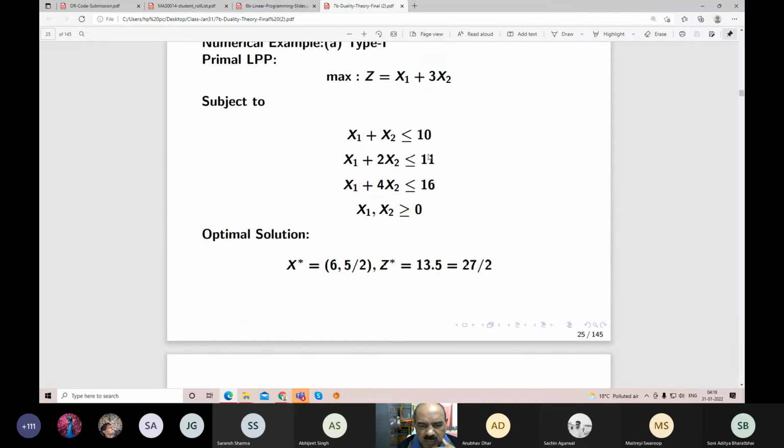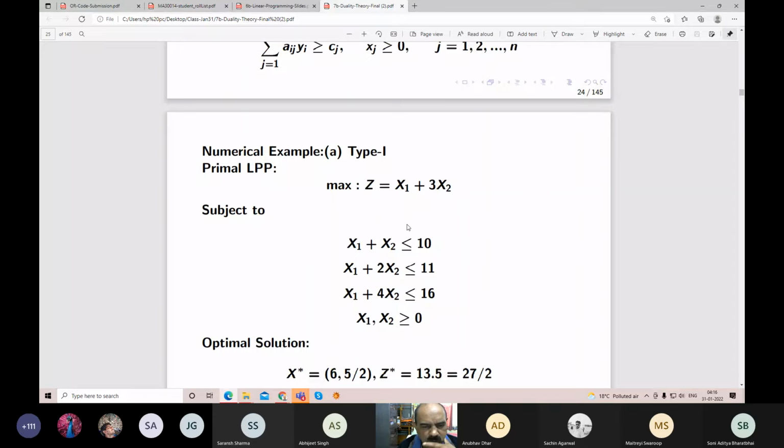Now, in case you are taking 0 and 4, is it satisfying the constraints? Yes, satisfying: x1 plus 4x2 less than or equal to 16. So what is happening to this?